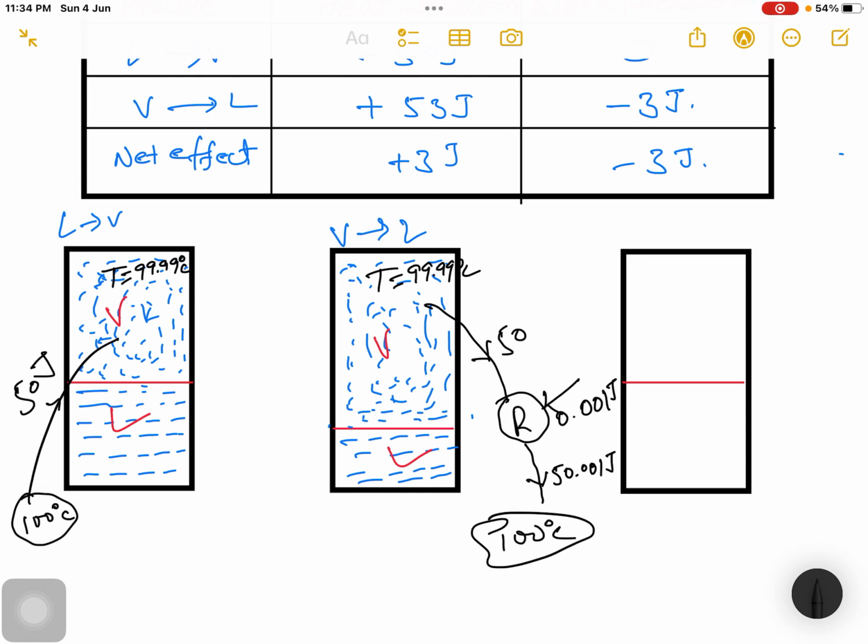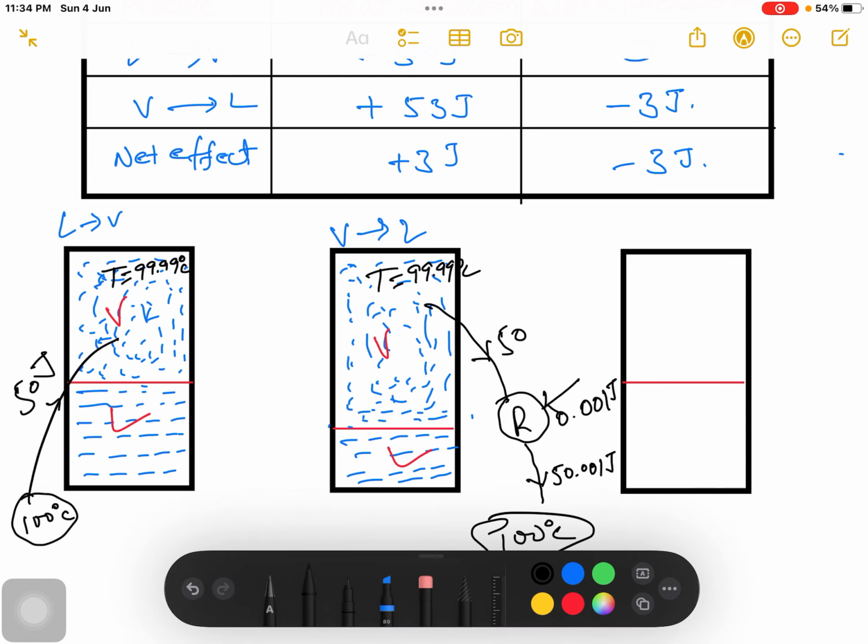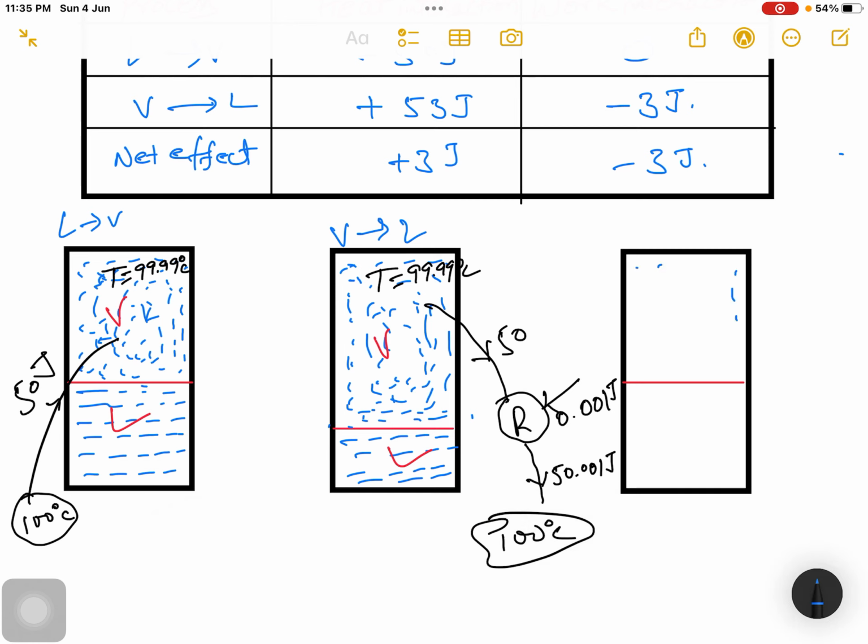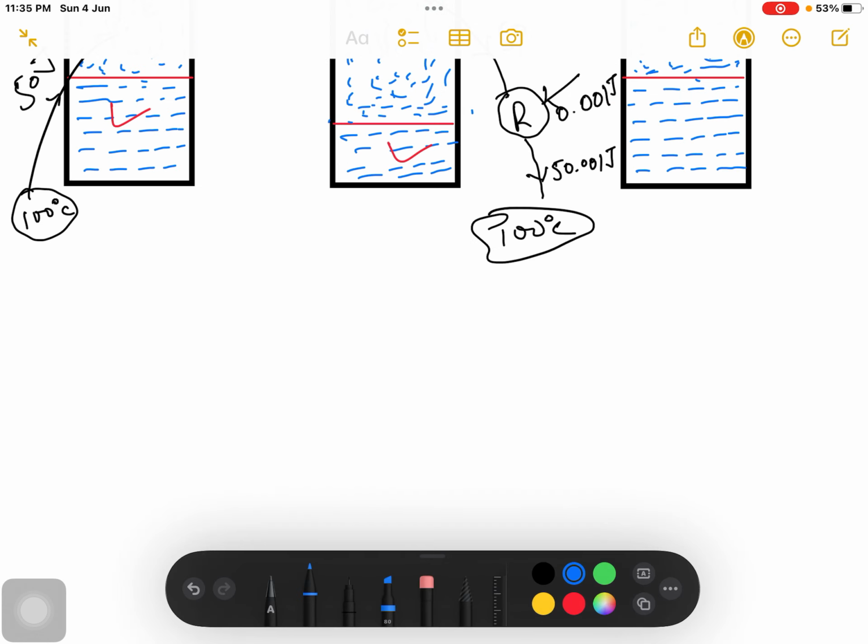here, the process is taking place and there is heat interaction, and this is the work interaction. We are converting liquid into vapor in the first stage. There is a heat interaction of minus 50 joules as surrounding is losing heat and there is no work interaction.